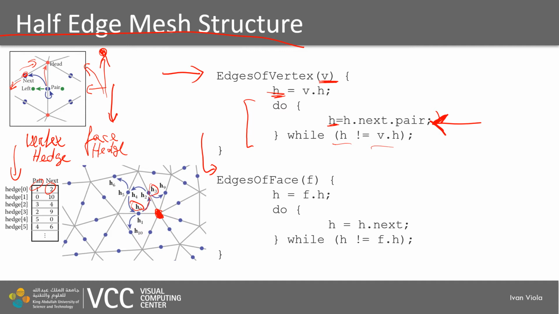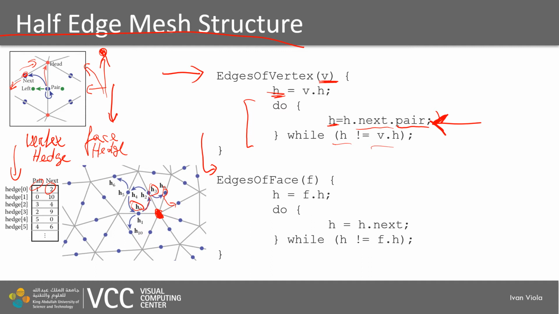And then the next one will be h9, but again, we want its pair, which will be pointing to the next half edge, and so on and so on. So we are always interested in the pair of our edge, which is stored as the next.